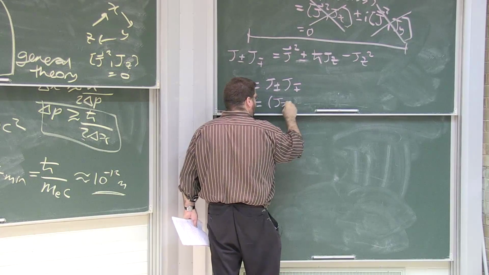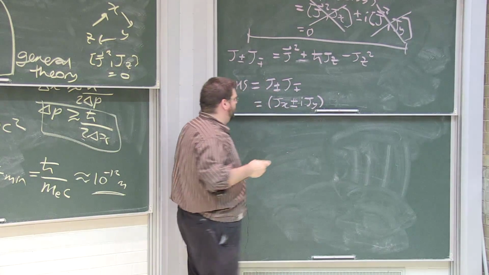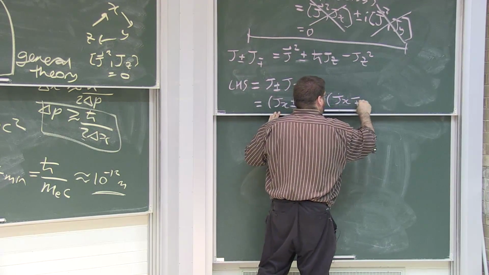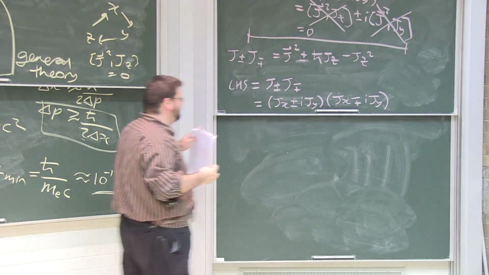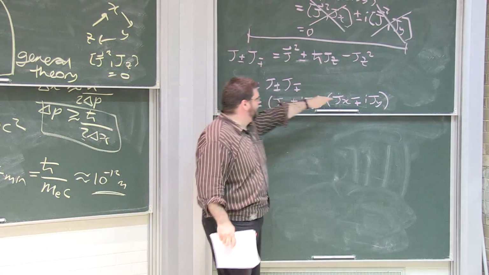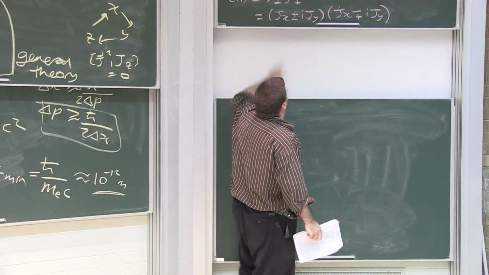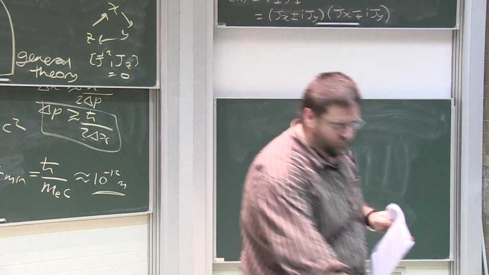So J plus or minus will be Jx plus or minus iJy, and J minus or plus will be Jx minus or plus iJy. Now there's a difference between plus and minus plus. You can either read the upper signs or the lower signs. Now, even I know what to do next. I'm going to expand those brackets. So let's do that.